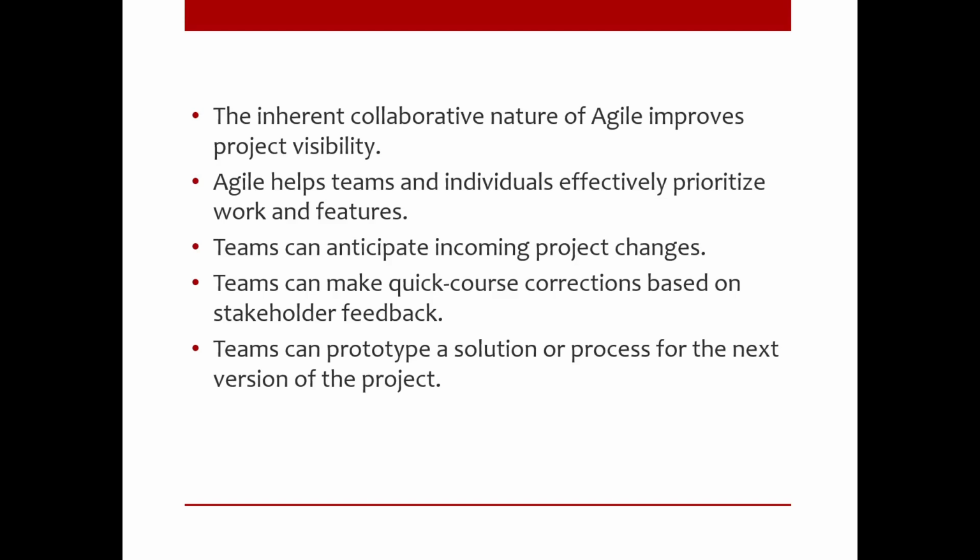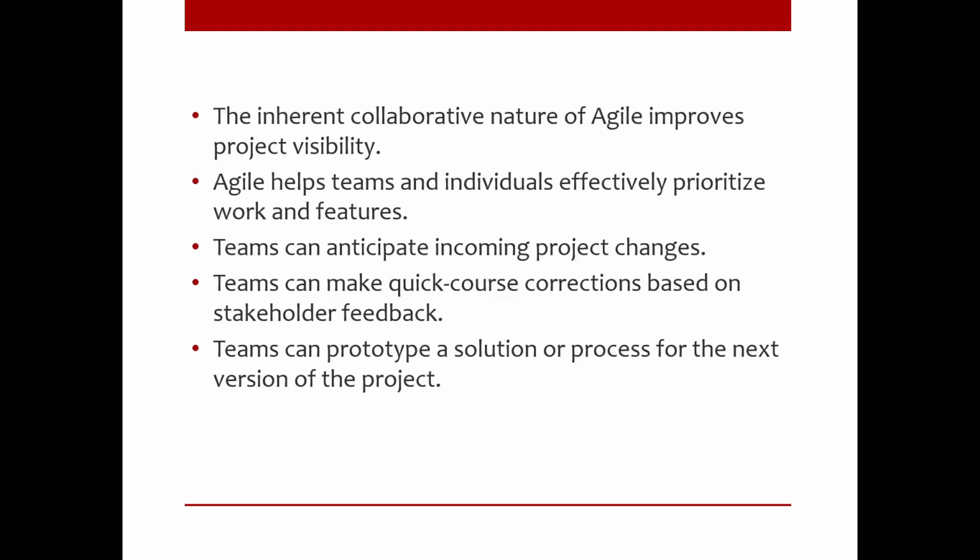Agile helps the team and the individuals to effectively prioritize the work and all the features. It helps us to understand and correct any challenges or issues in the system. Teams can make a prototype, a solution or process for the next version of the project.